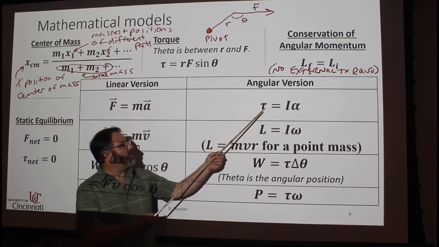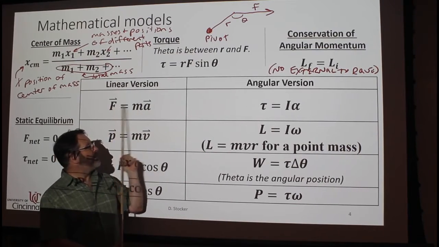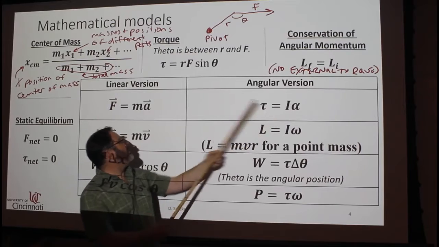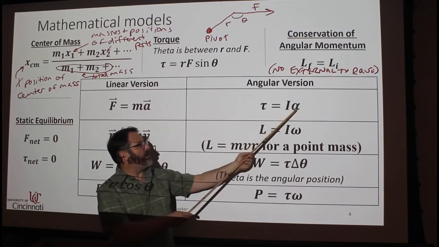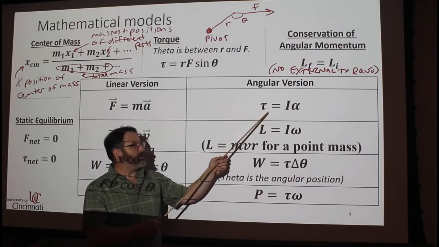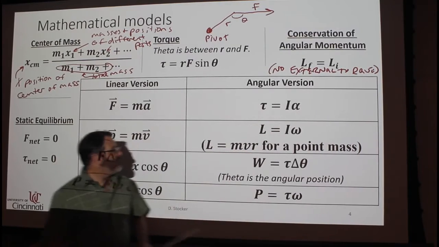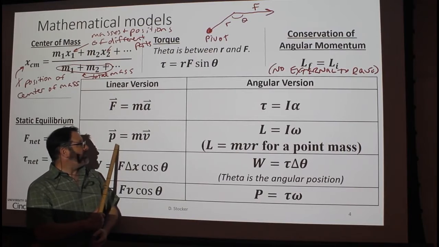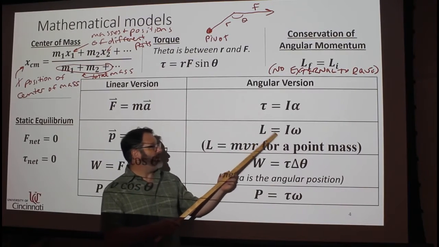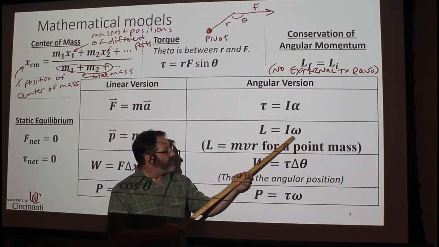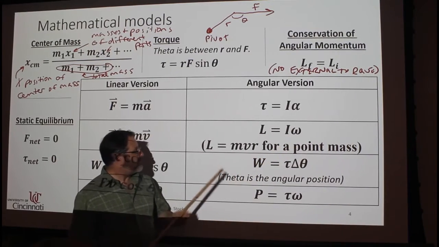We said that torque is the angular version of force. So torque equals I alpha, where m gets replaced by I and a gets replaced by alpha. So this is the angular version of F equals ma. Momentum equals mass times velocity. Angular momentum equals moment of inertia times angular velocity.